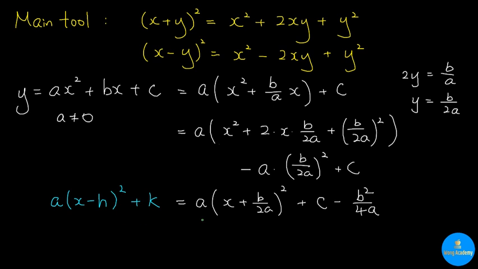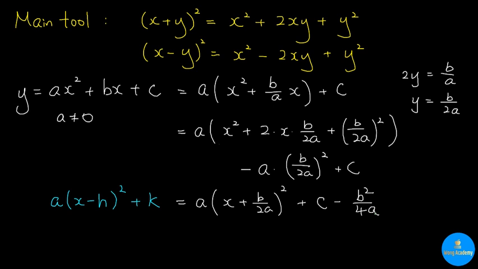We found that we are basically done. We have a matched with this a, x minus h matched with this x plus b over 2a, perfect squared, and the constant is now c minus b squared over 4a.